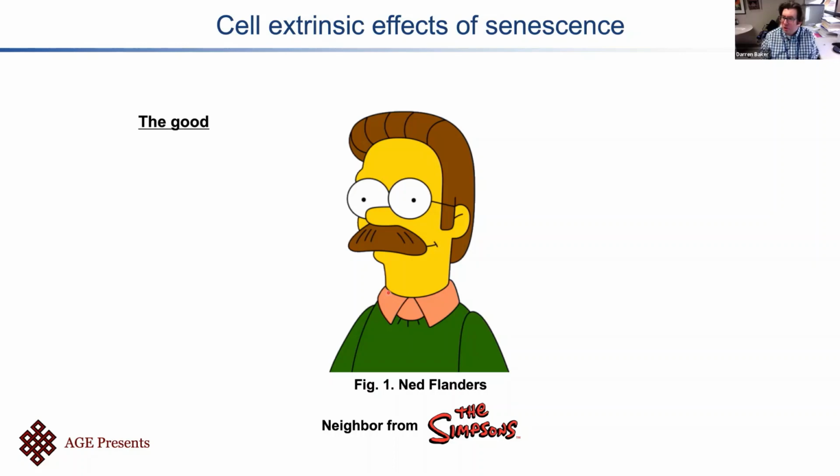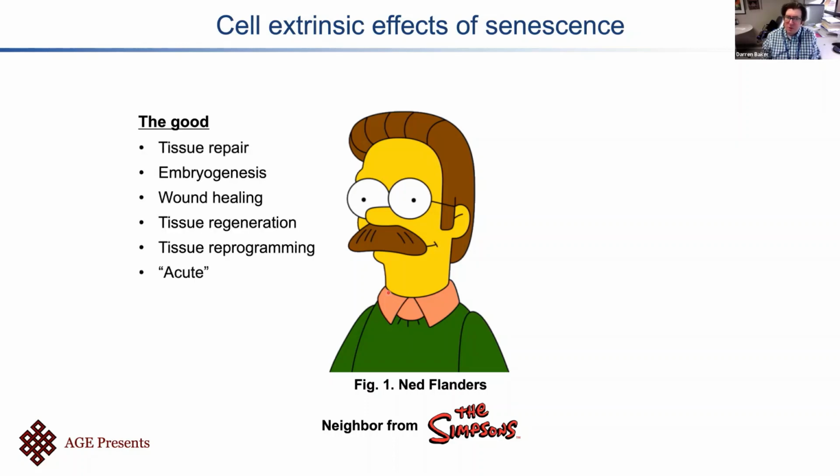There are some good aspects about the accumulation of senescent cells that have been talked about in recent years, demonstrating that senescent cells are important at different stages of repair processes or in the process of development, where the acute acquisition of a senescent cell is actively driving some type of repair process, something that is more in a state of trying to have benefit to the organism. I think about senescence in that way more in the acute state, where it's induced at a particular point in time for a particular purpose.